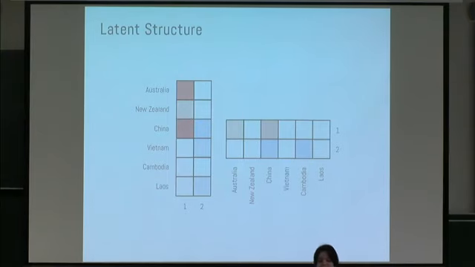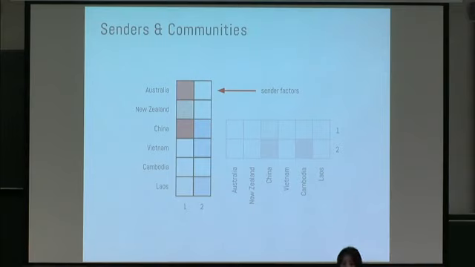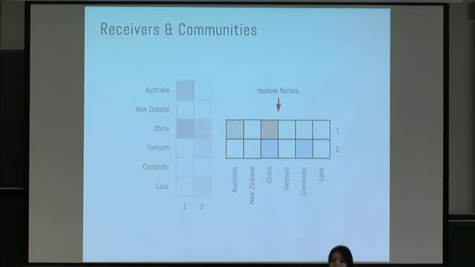In fact, we can recover this community structure by decomposing our count matrix into two n by q factor matrices, where q is the number of communities that we expect to find. So in this case, 2. One of these matrices, the sender factor matrix, represents how active each country is as a sender in each community, while the other one, the receiver factor matrix, represents how active each country is as a receiver in each community.